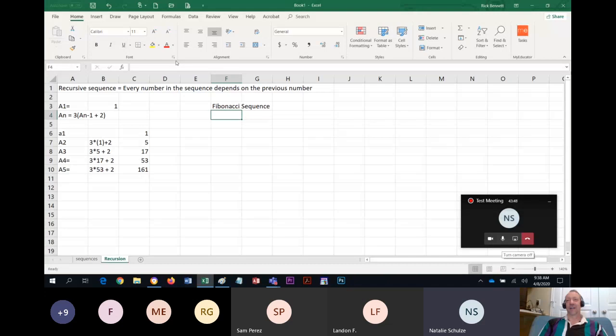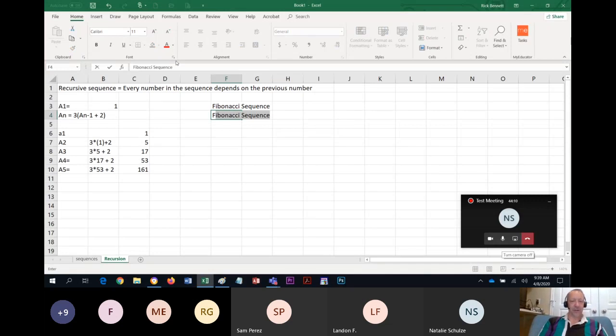It's been a while. So it's got Tom Hanks in it. He plays a professor, Robert Langdon, who's this really smart guy all into symbology. And it was a really good book. And featured in the book is the Fibonacci sequence.